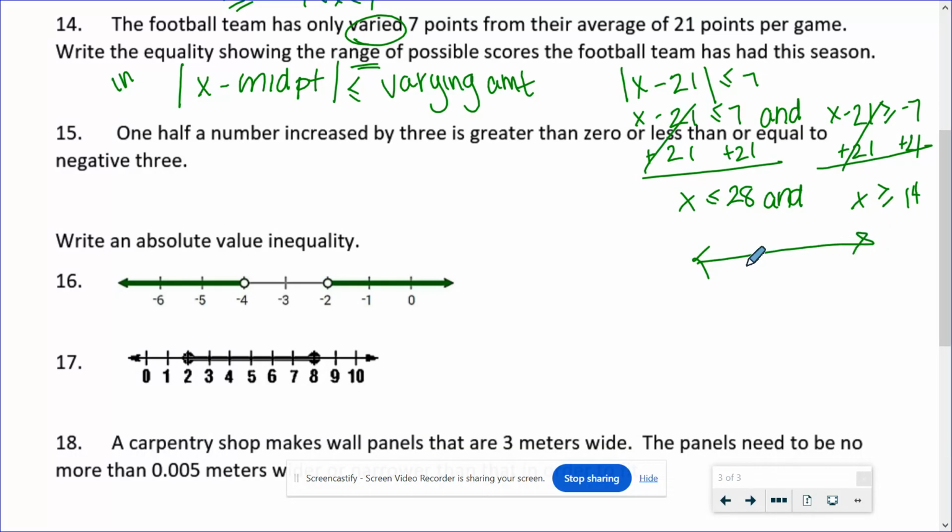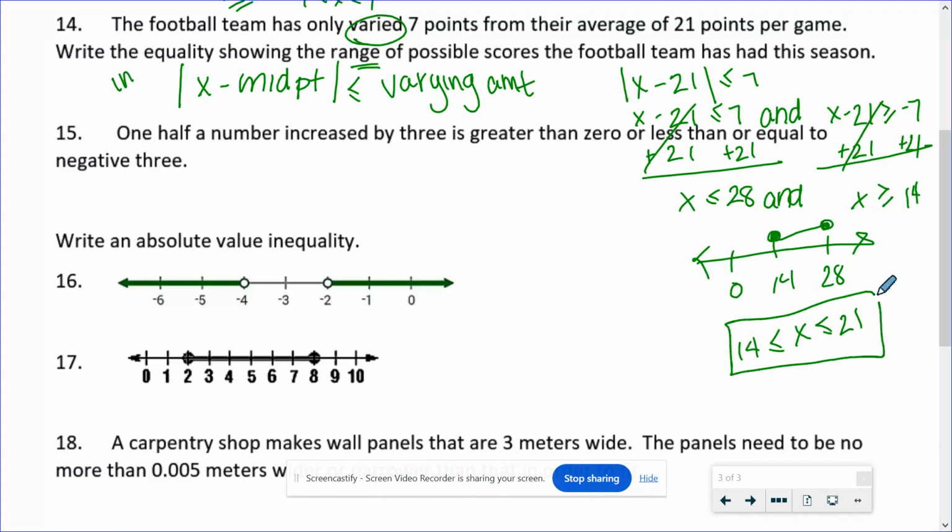So on a number line, 0, 14, 28, it would be everything between and including 14 to 28, which would be the inequality, all of the numbers less than or equal to 28 and at the same time greater than or equal to 14. So this would most likely be the inequality. Some of you may have just known that right off the bat.